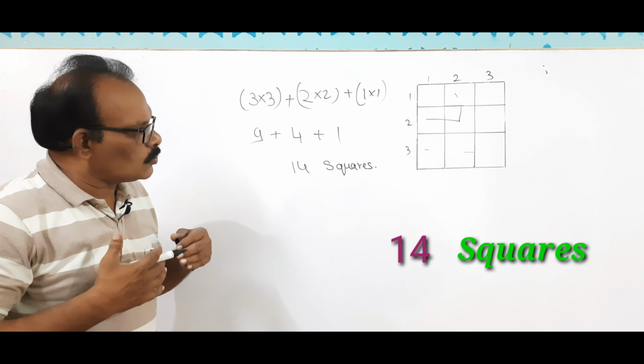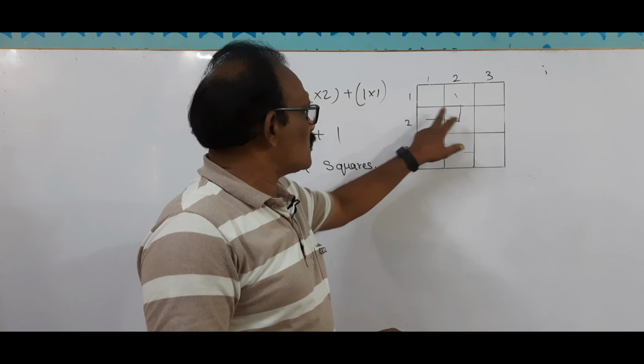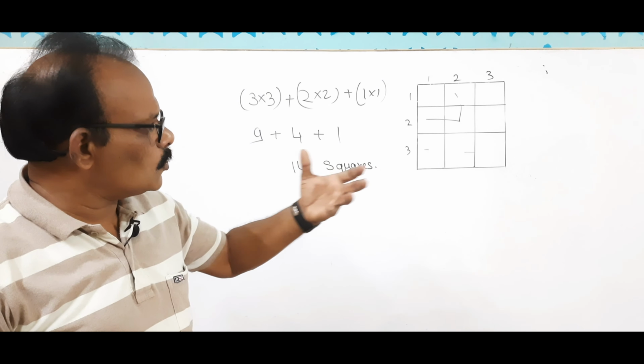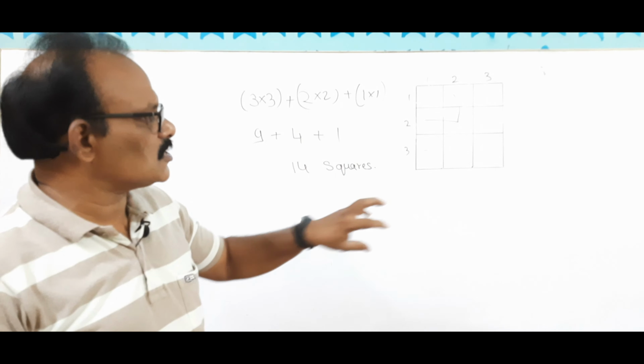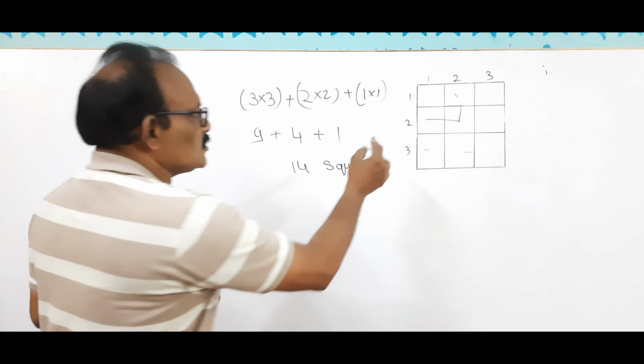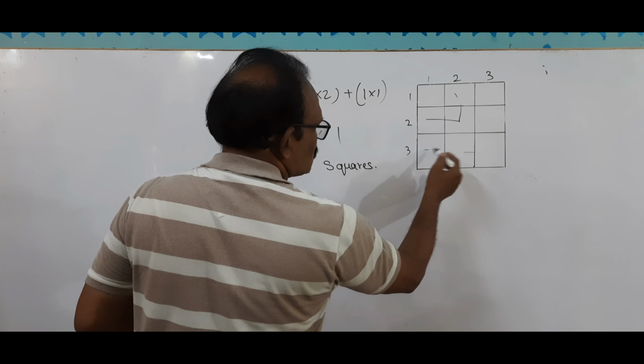But what you generally do is just count the number of squares: 1, 2, 3, 4, 5, 6, 7, 8, 9. Only 9 squares. But if you dig deeper into this picture, you may get a few more squares. You see, this is also a square. In all 1, 2, 3, 4, 5, 6, 7, 8, 9.